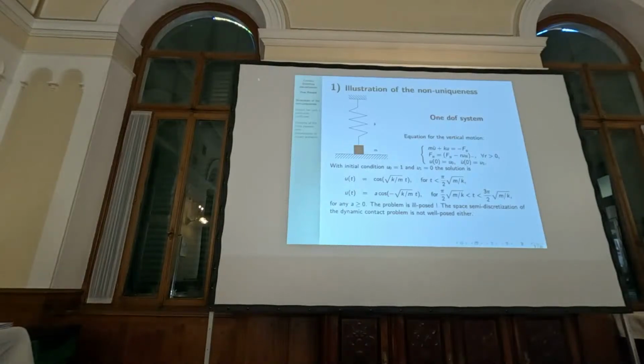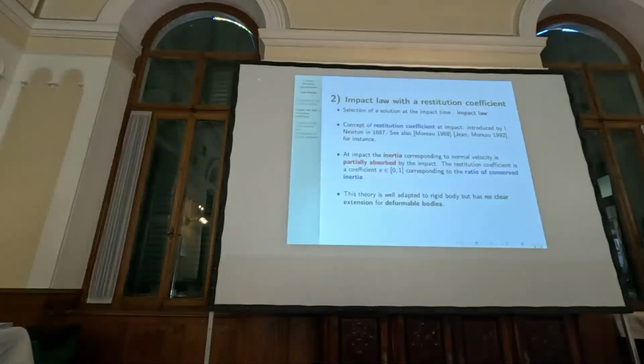It's very classical, and usually you have to prescribe an impact law. For instance, an elastic impact law with restitution coefficient e, which is between 0 and 1. If you want an elastic restitution, you prescribe e equal to 1, or equal to 0 for no restitution.